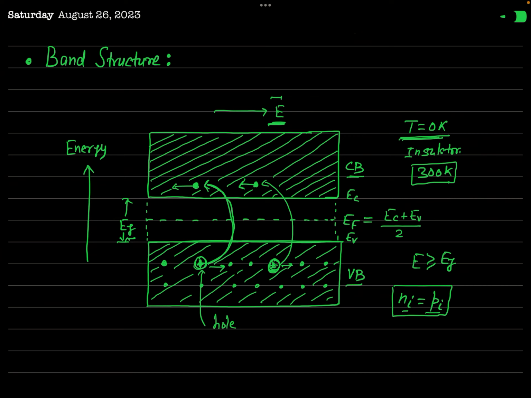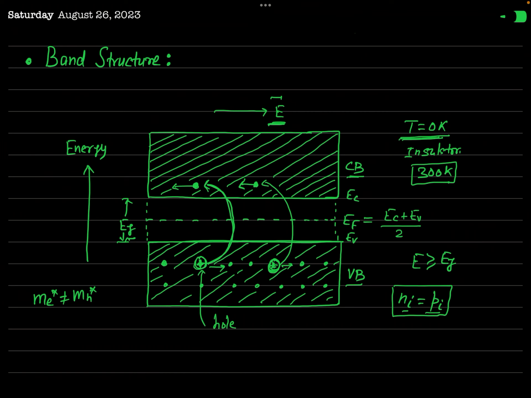And that's why so many properties of electrons and holes differ from each other, because they are moving under different physical conditions. For example, if you are talking about the effective mass, if Me star is the effective mass of electron and Mh star is the effective mass of hole, then these two are not equal.